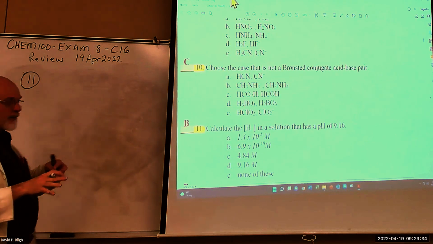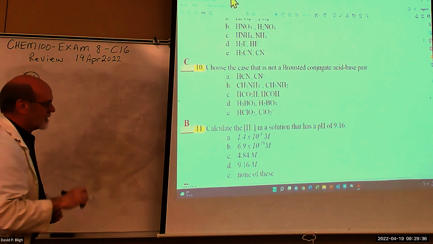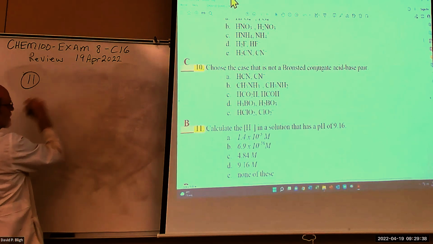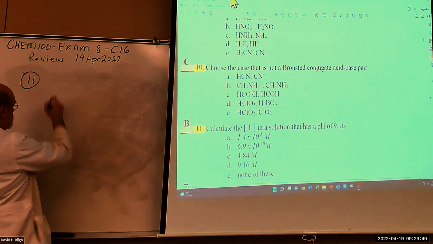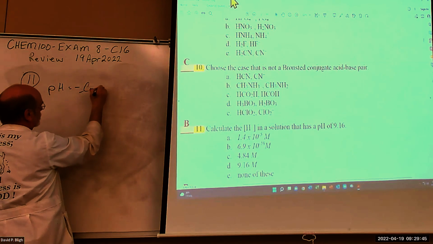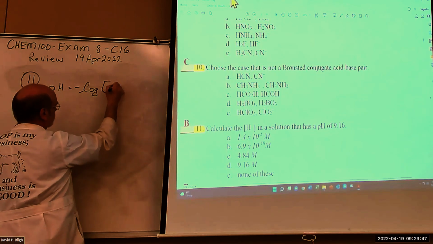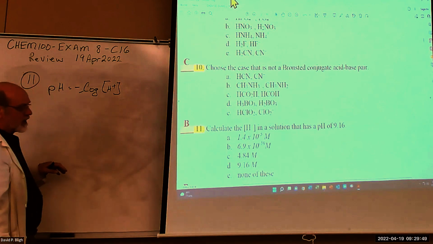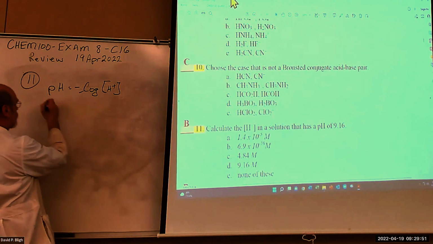We've actually done this operation in the previous problem, but we go back to the original formula. What do we know? We know that the pH is 9.16.